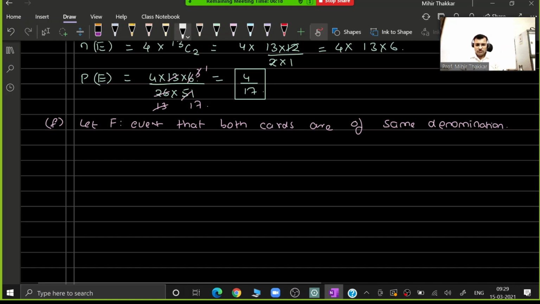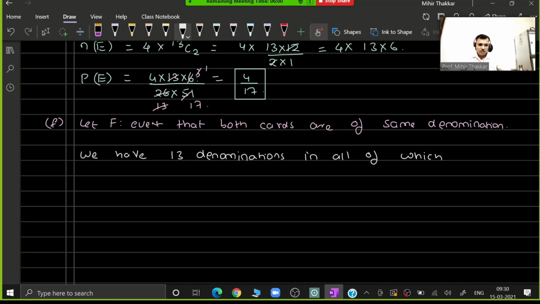Now I can say over here we have 13 denominations in all, of which one has to be selected first.